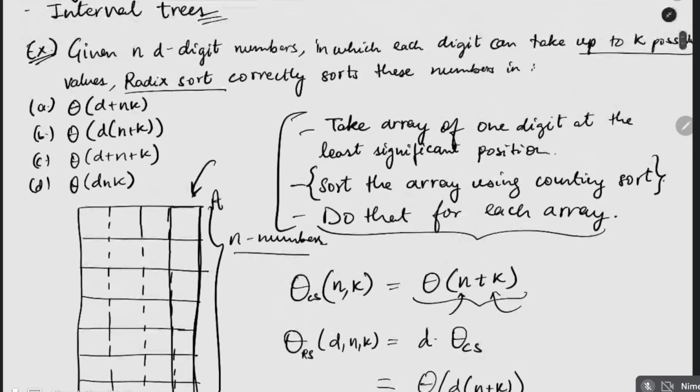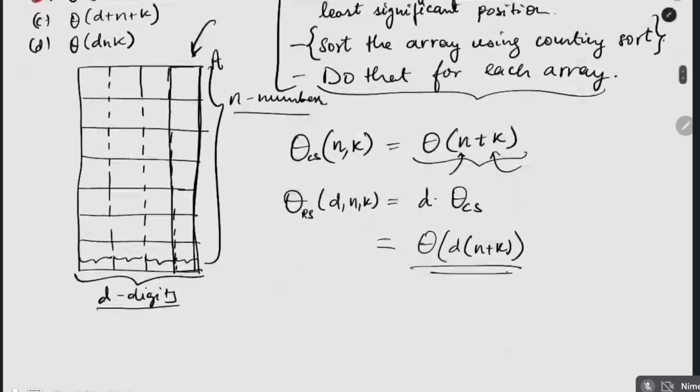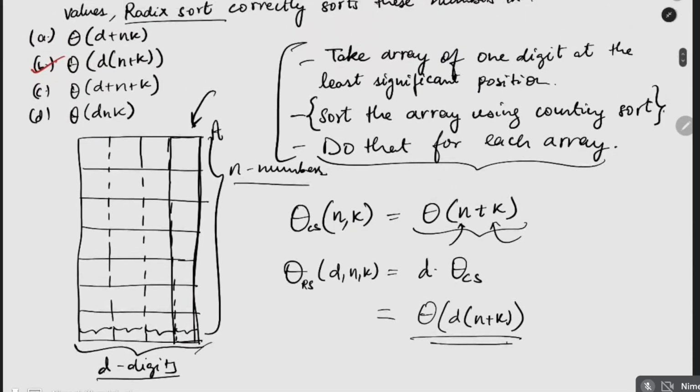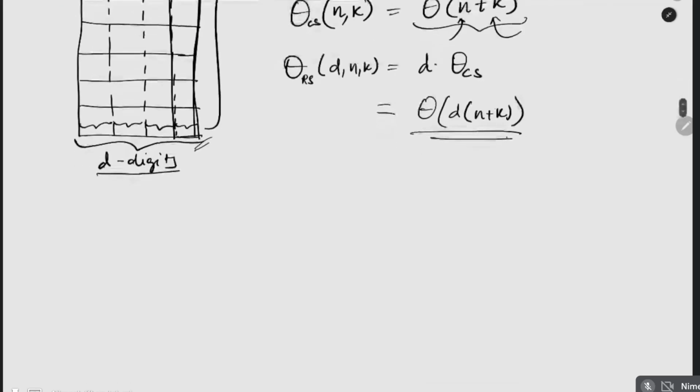So correct answer is option B. So for this we just had to know first of all how radix sort works and the complexity of counting sort, or essentially how counting sort works as well. That is a part of how radix sort works.